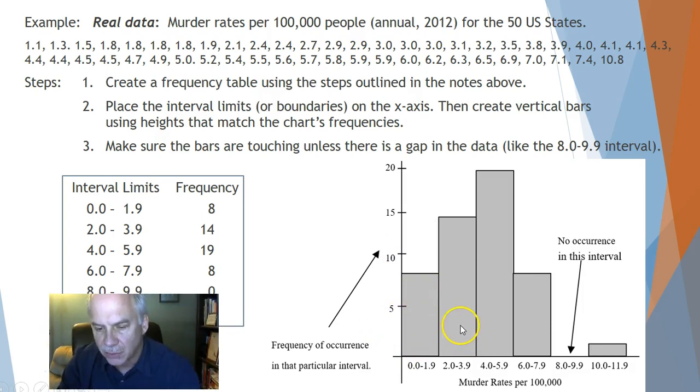And then the next bar is right up next to it, touching, and it goes up to 14. And then the next bar is up to 19, and then the next bar is up to 8, and then there's no bar in the class interval from 8 to 9.9, because there were no occurrences in that interval, but then there's 1 in the last class.